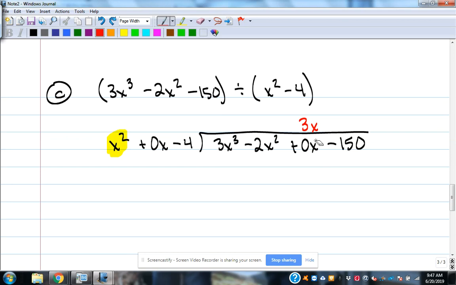All right, and then we distribute that across this polynomial. So 3x times x squared, that's the 3x cubed we were hoping for. 3x times 0x would be plus 0x squared. 3x times negative 4 would be negative 12x. Parentheses and subtract.